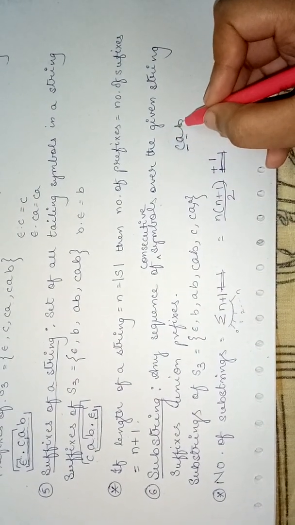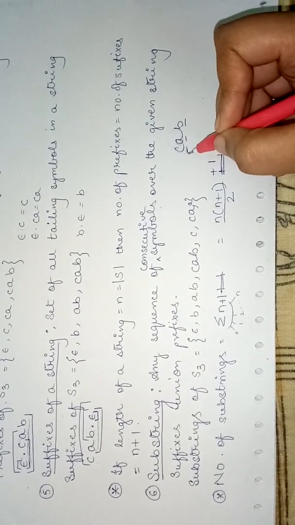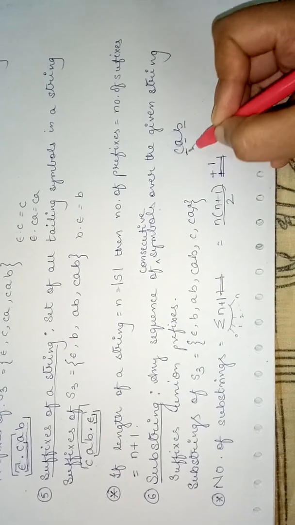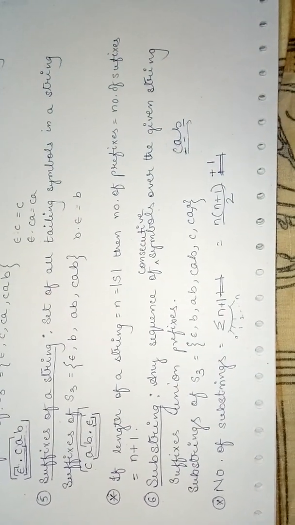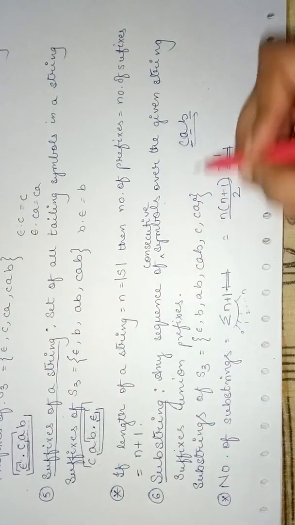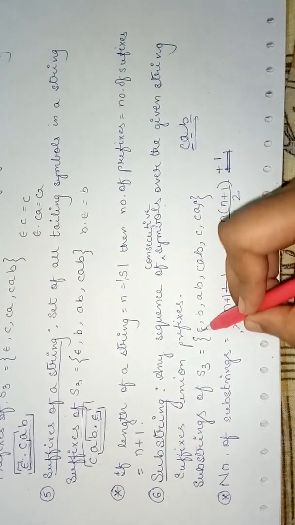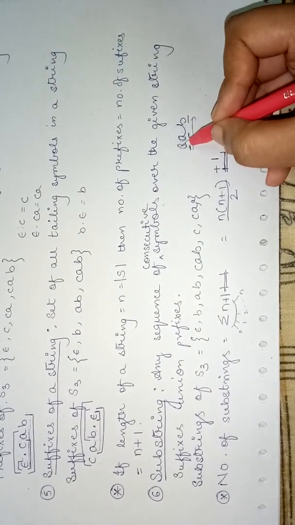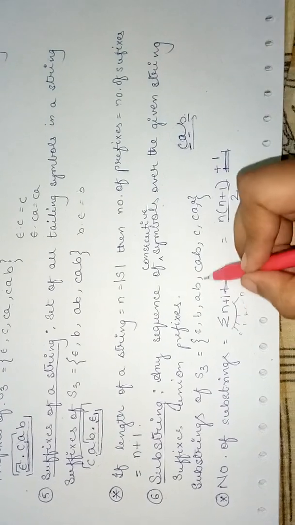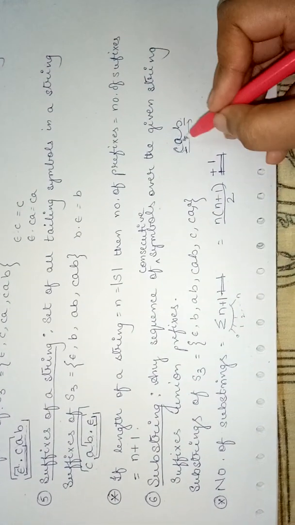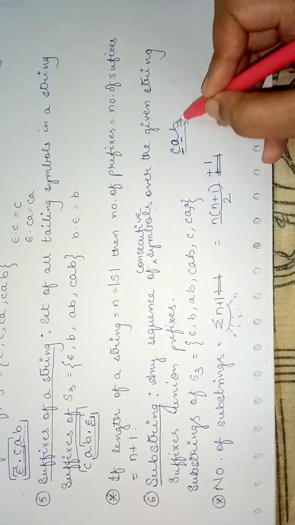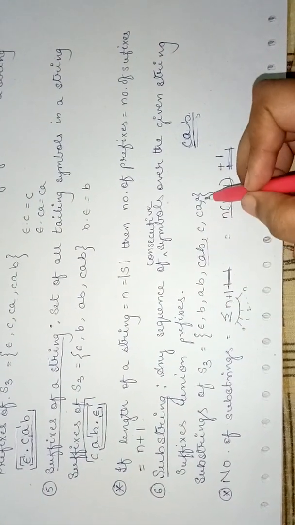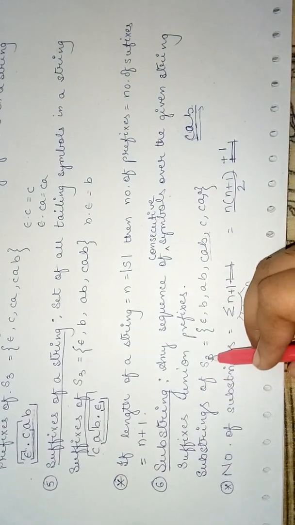We cannot write CB or BC or BA or AC because either they are not consecutive or they are not in order, from left to right. So epsilon is the zero length string, then the single length strings, then strings of length 2, CA and AB, then strings of length 3, the whole string CAB. So we have got the substrings of S3.